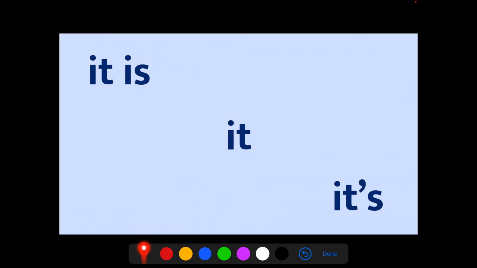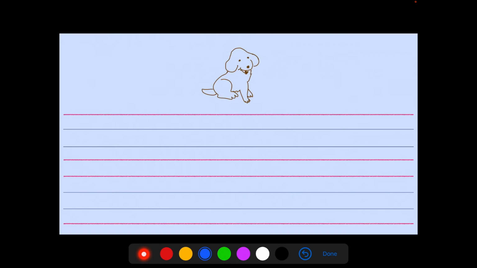It's. So the apostrophe is going in that space, but we've missed out the letter I. And our sentence is, it's Pat. Let's have a go at writing that one.